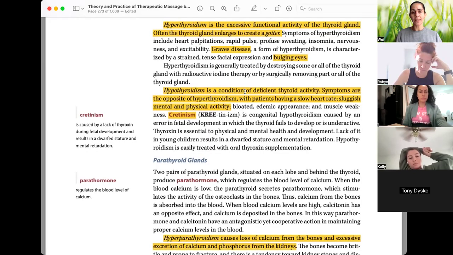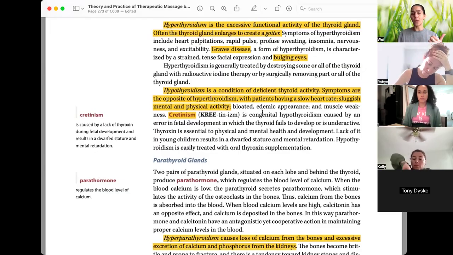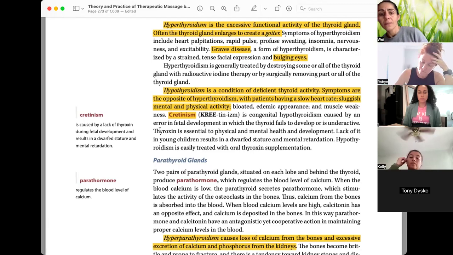Hypothyroidism, on the other hand, is a condition of deficient thyroid activity. Symptoms are the opposite of hyperthyroidism. So patients have a lower heart rate, they're very sluggish mentally and physically. They could be bloated, sometimes also gain weight, though it doesn't say it here, but they do gain weight. Weakness in their muscles, okay?